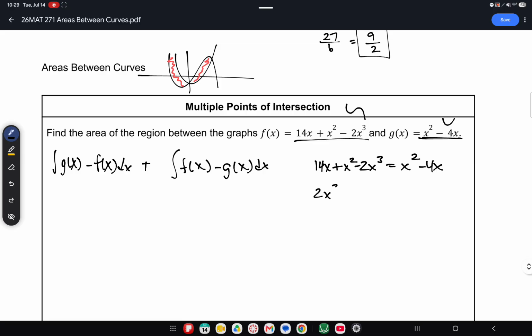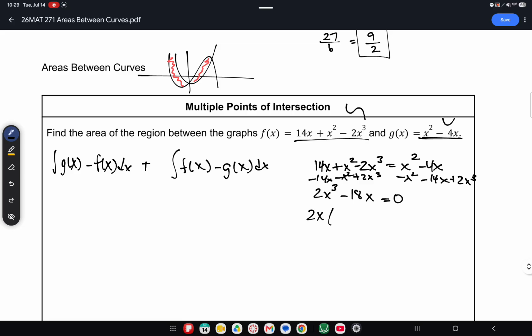So I have 2x cubed, and then I would have, here, let's do this. Now subtract x squared and then subtract 14x. So the x squared is actually going to go away. So I'm left with negative 18x.